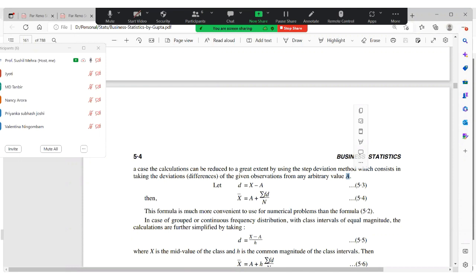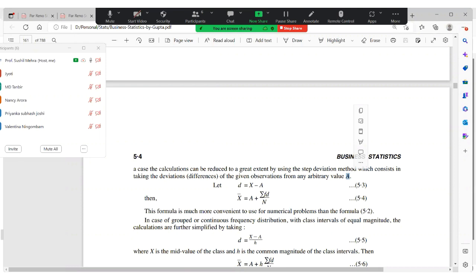For example, the minimum value is 10 and the largest value is 100, right? So 10 plus 100, 110 divided by 2, 55. The mean of extreme values is 55. So we assume a value which is close to 55. Why so?